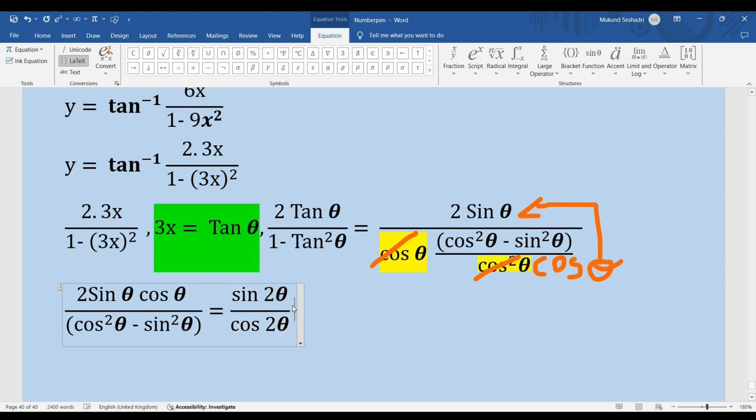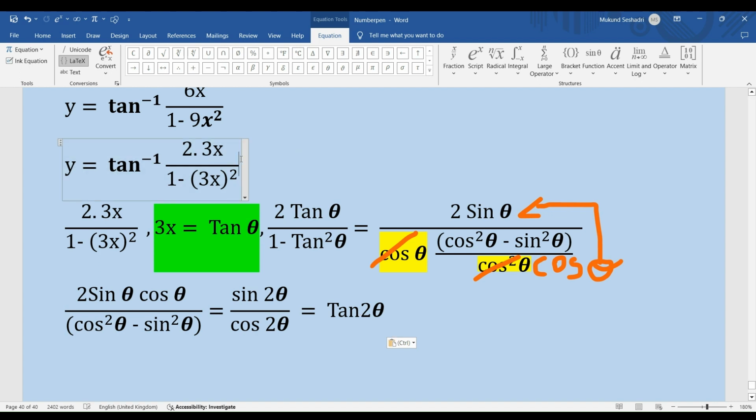And sine 2 theta by cos 2 theta is nothing but tan of 2 theta, right? So there we have done the simplification of the expression 2 tan theta divided by 1 minus tan square theta, which is nothing but tan 2 theta, right?